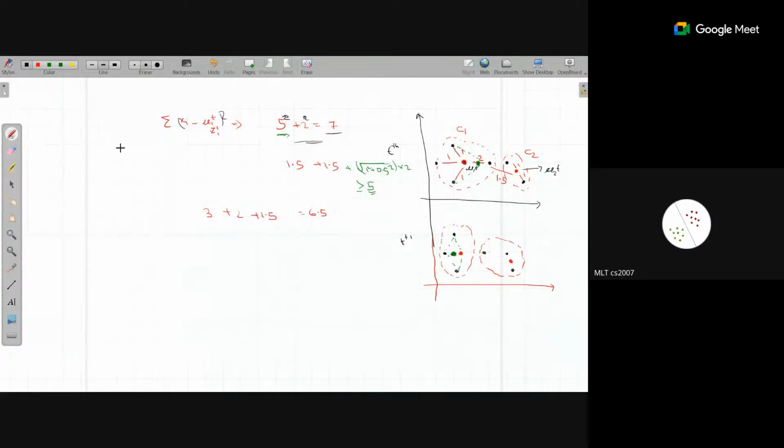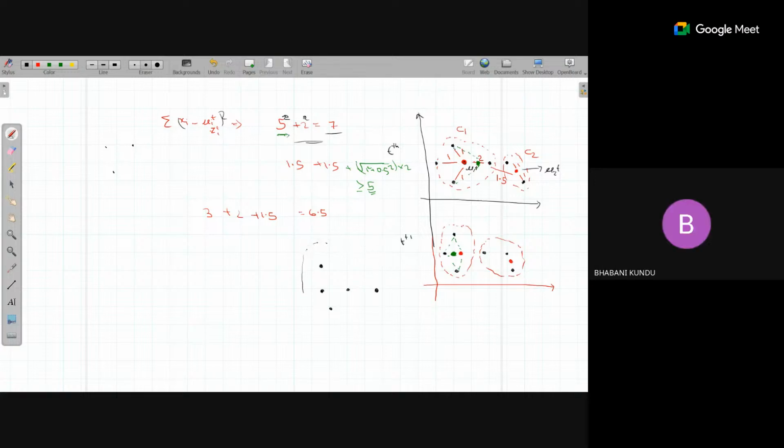So what I am saying is, let's take this point only. Here is another point. Here is one more point. Let's go with this many points only. So in this case, let's say k equal to 1.